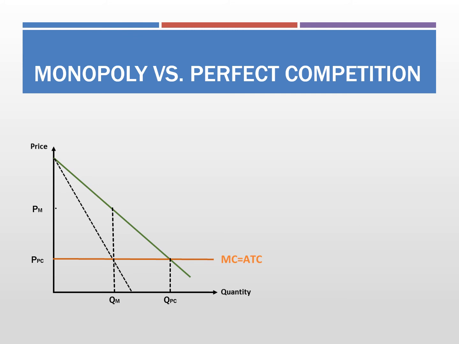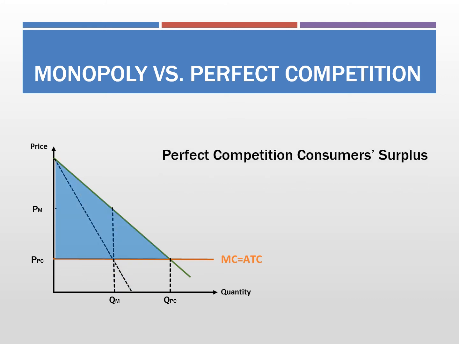We are assuming that there is a market demand, which is the green line in this graph, and we assume that the firms who produce in this market have the same production scales, which take the form of this horizontal marginal cost curve. And this marginal cost is equal to the average total cost.